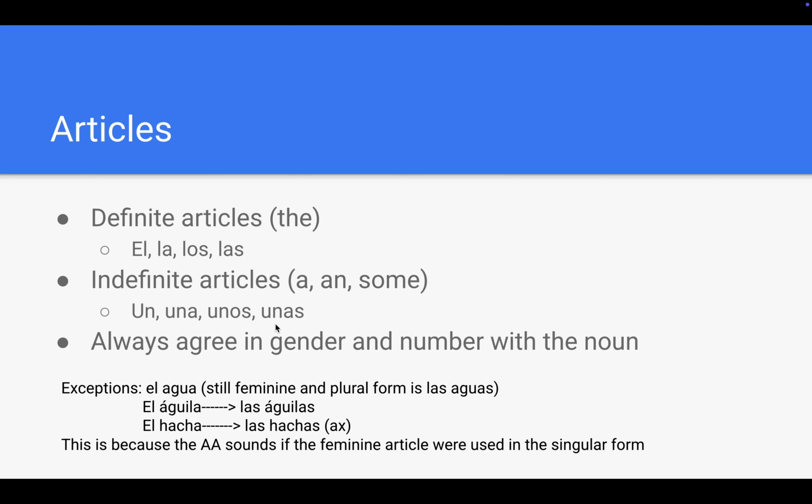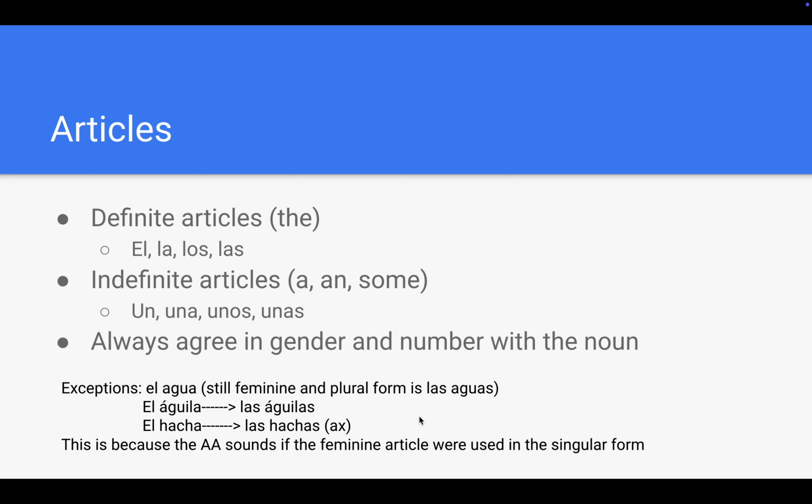And unas chicas, some girls. So it's just a less specific. Definite articles, they're defined. It's the boy, the girl. We're talking about somebody specific, whereas indefinite articles are unspecified. It's a boy or some girls.